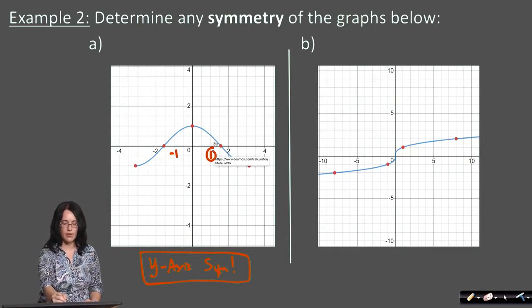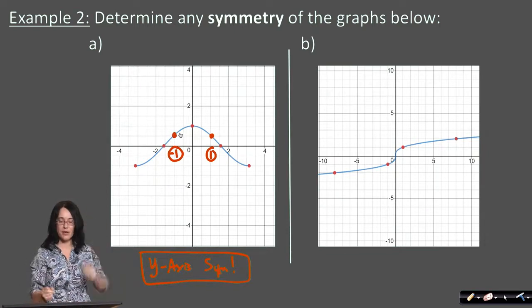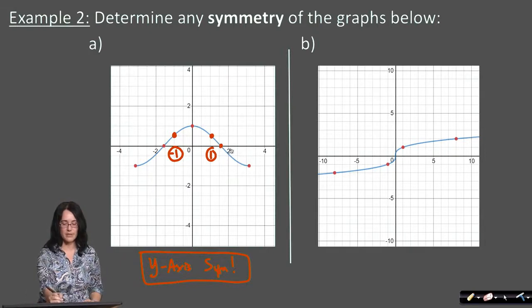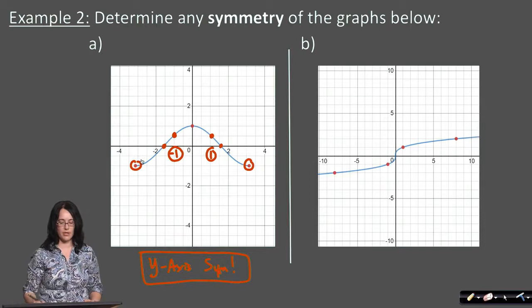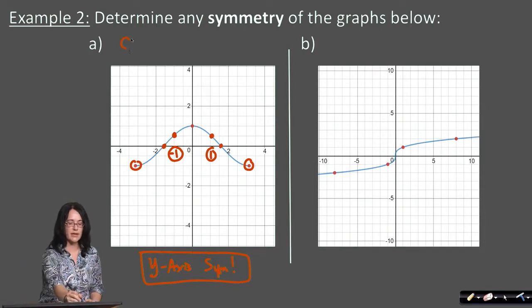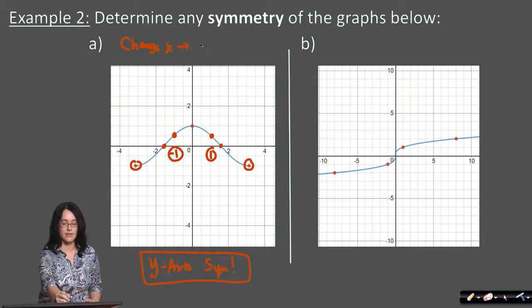When x is 1, we have this y value of, it looks like half because they're going by halves each time. But when x is negative 1, we have this y value, which is also the same, right? When we're at this location for x, that negative version of that is at the same y value. And we're at this location for x, the y value is also the same. So since we change the sign of x, we got the same y.